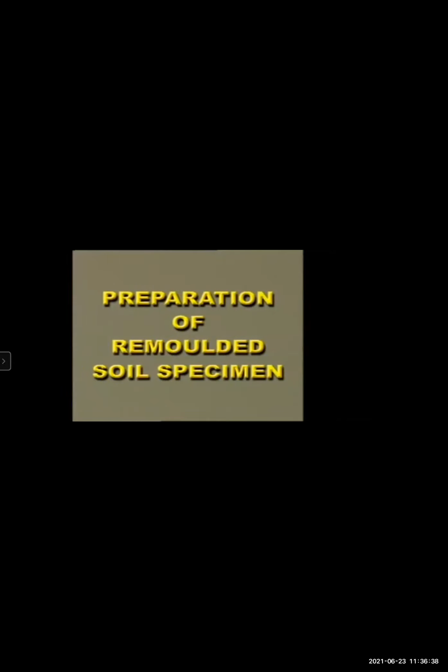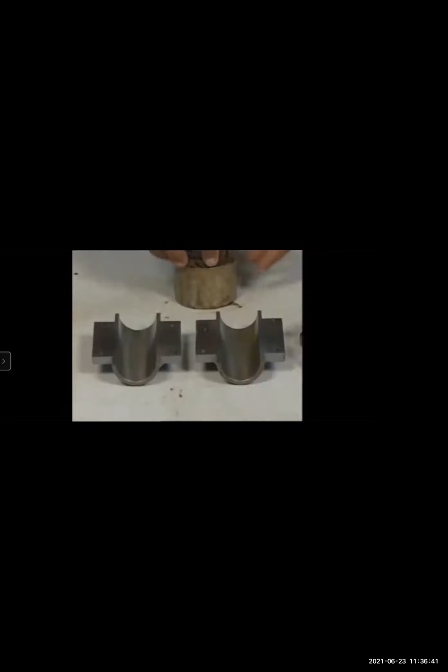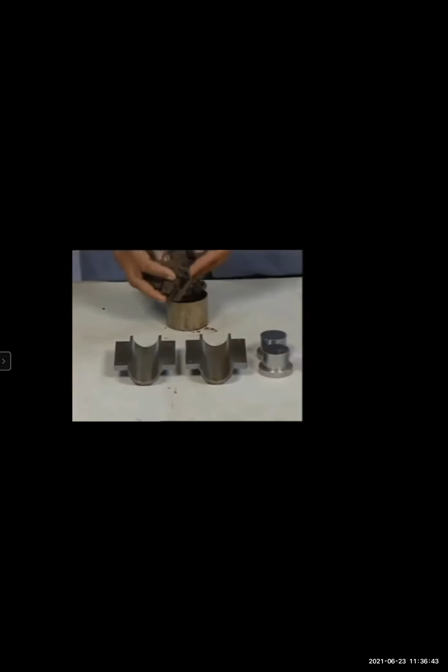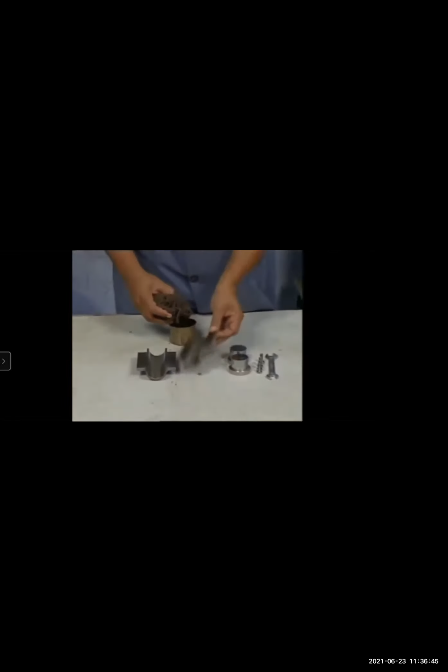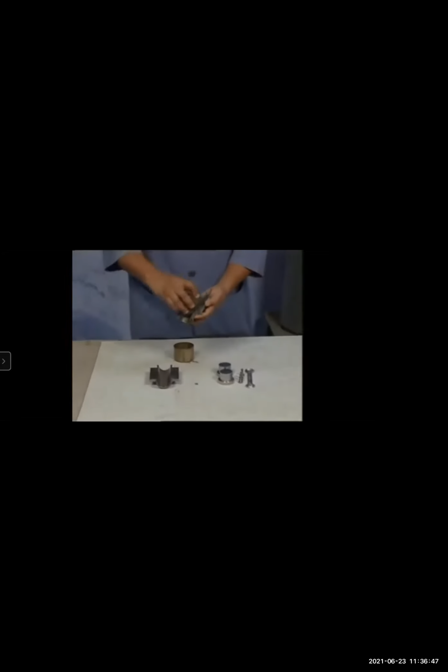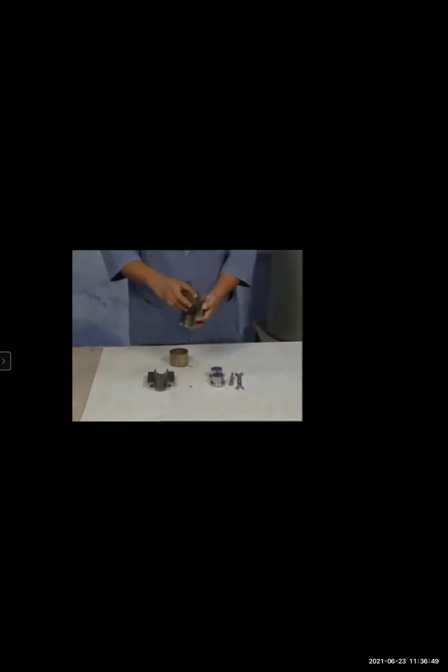So now preparation of the mold. This is the two-piece mold. First apply oil on the mold surface.